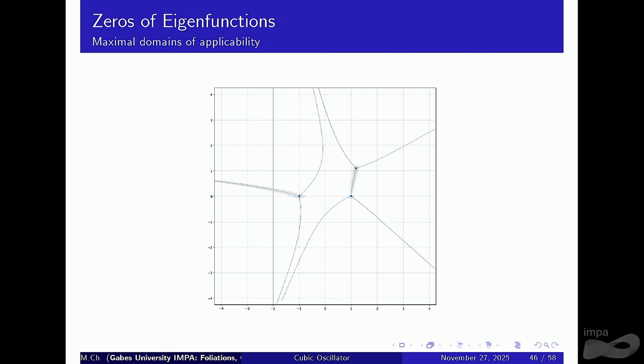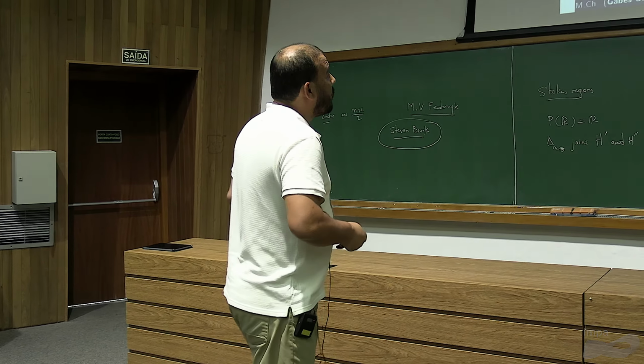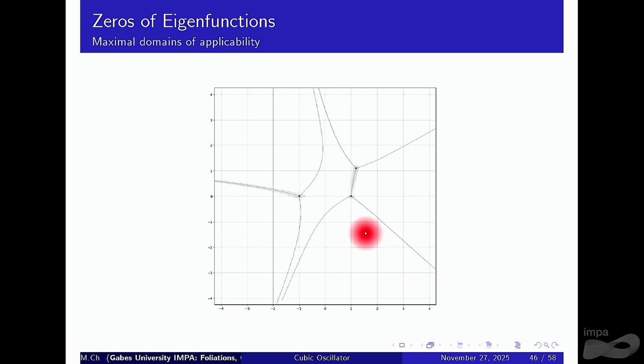It was claimed that the zeros are in the tubular neighborhood, maybe not in the short trajectory, but we prove that the zeros are exactly in the short trajectory.